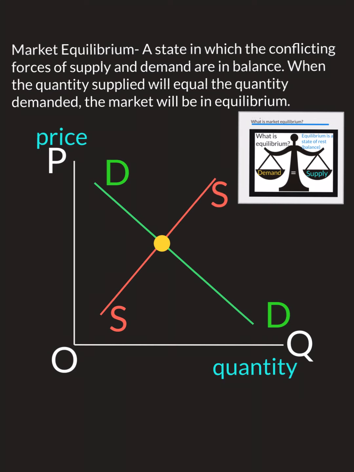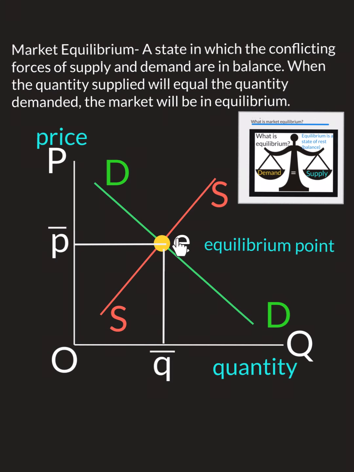Demand curve and supply curve intersect at this point, and at that intersection point, quantity determined is OQ bar, price determined is OP bar, and this is the equilibrium point. This is the equilibrium price, P bar, and equilibrium quantity is OQ bar.